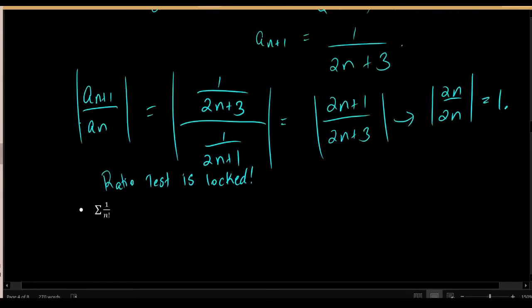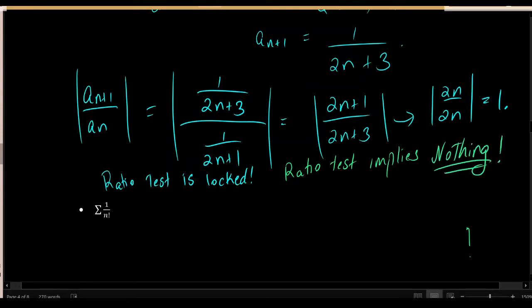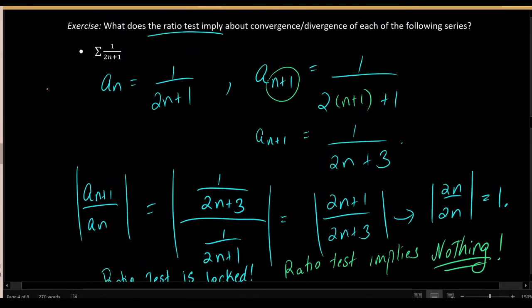The ratio test implies nothing. In order to determine convergence/divergence of this particular series, we would have to use some other test. For example, it looks like limit comparison might be viable here because it looks like this series is similar to the harmonic series. So I might use a limit comparison to determine convergence/divergence and not ratio test, which would not be appropriate for this particular series.